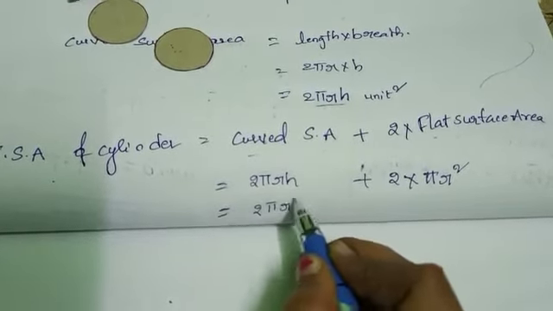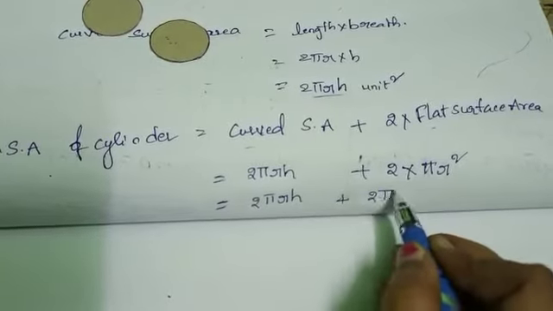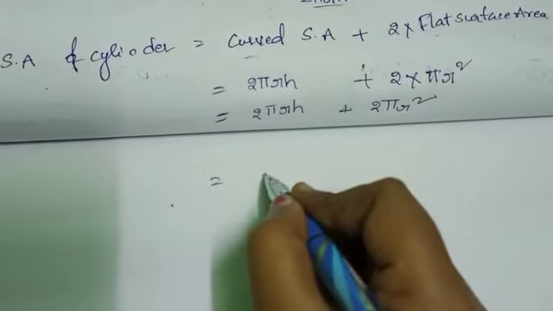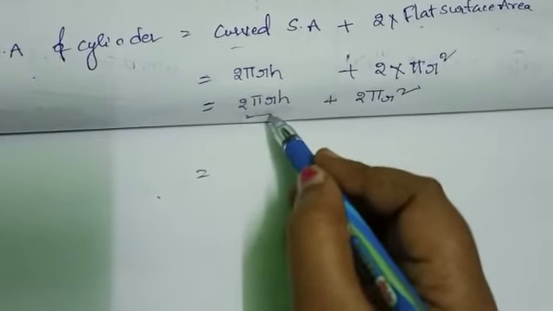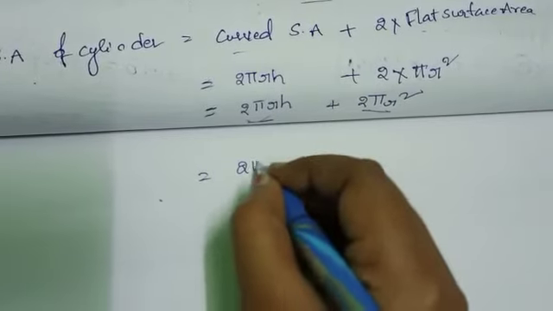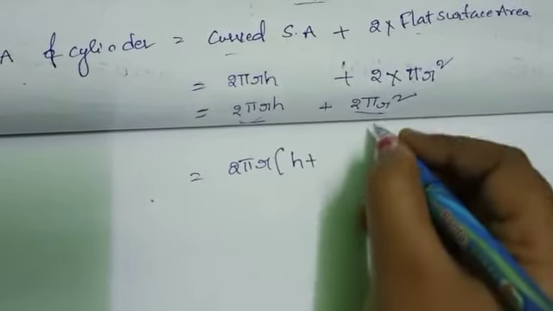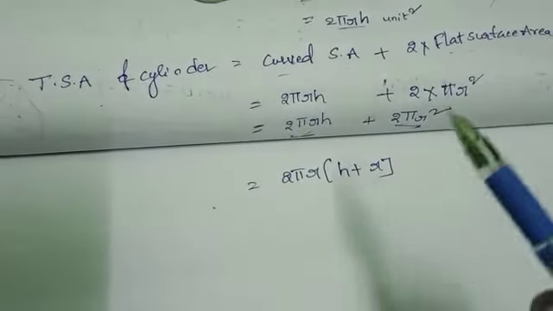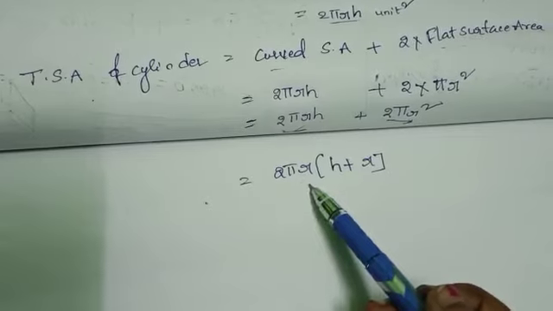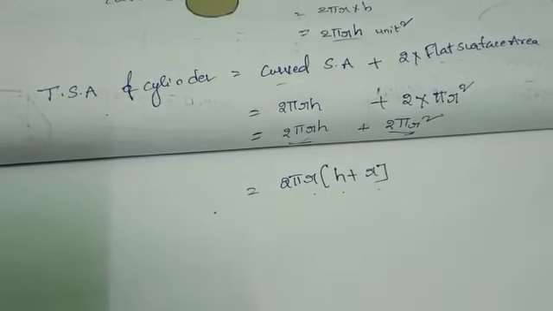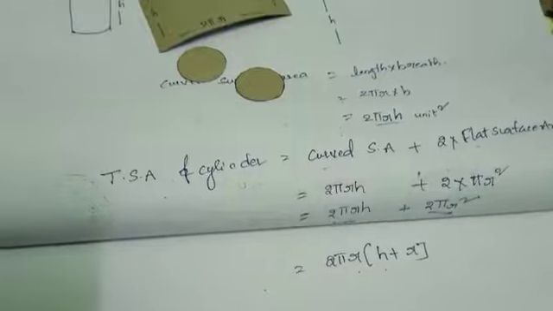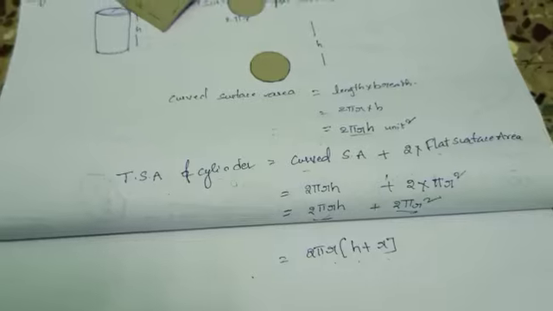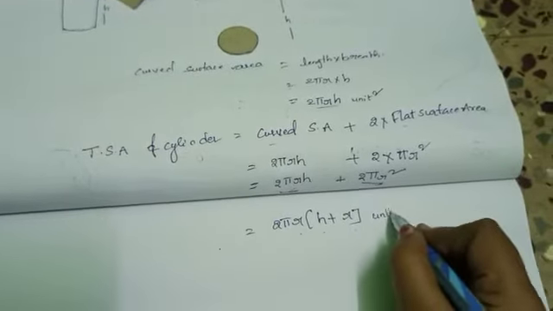So 2 pi r h plus 2 pi r square. Here 2 pi r is common. Therefore total surface area of cylinder equal to 2 pi r into (h plus r). These are the formulas for cylinder. Units square.